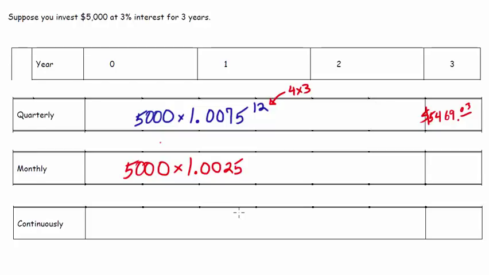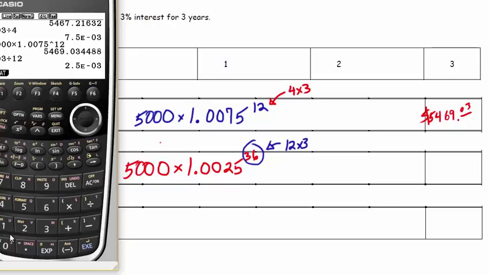Now let's see how many times we get paid. We get paid 12 times a year for 3 years. I think that would be 36 times we're getting paid here. And where in the world did this 36 come from? That was 12 times a year, monthly, for 3 years. Alright, here.